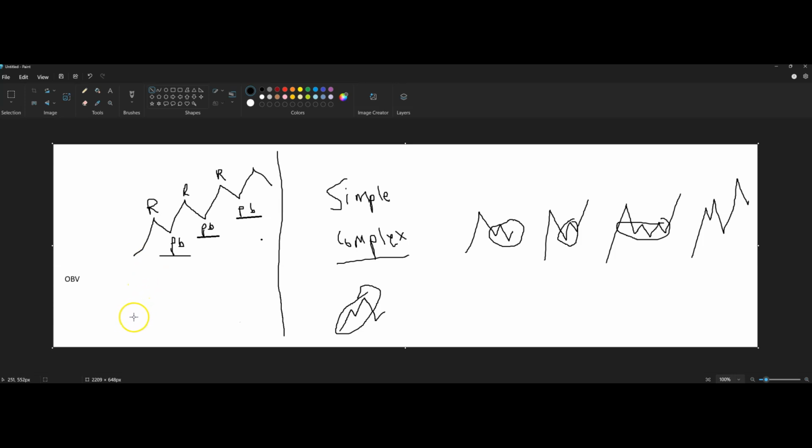During the rally, it shows that money came in. During the pullback, it's very important that it's basically flat, and then it rallies, flat, rallies, flat.